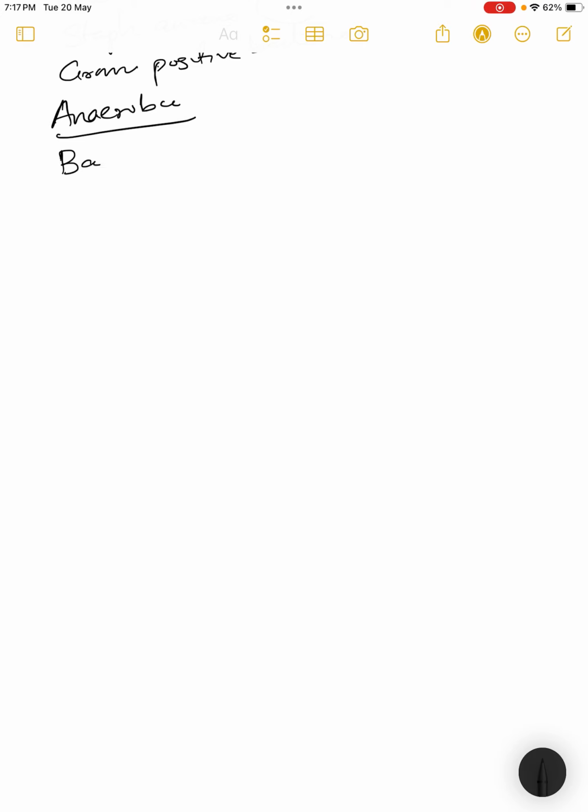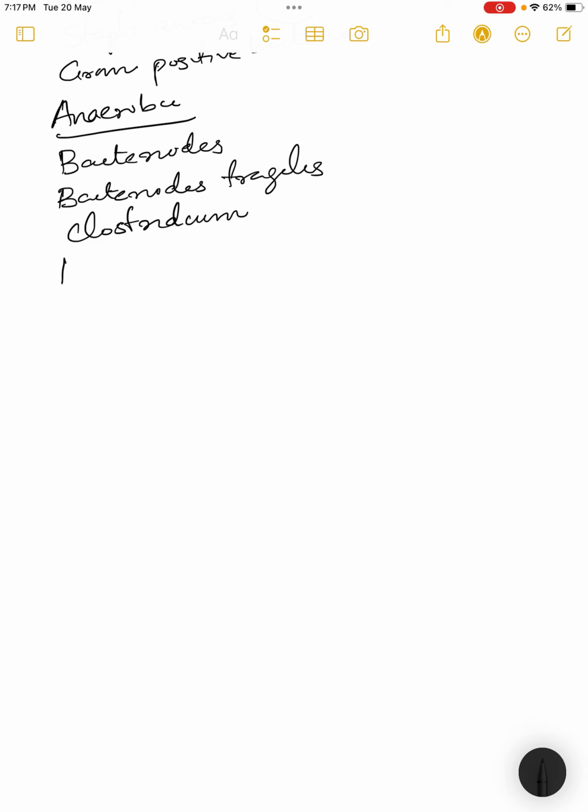First one, Bacteroides species, Bacteroides fragilis, then Clostridium, Peptostreptococcus, Fusobacterium. Okay, so this is about the bacteriology in intra-abdominal infections. Next we will go to the factors associated with mortality.